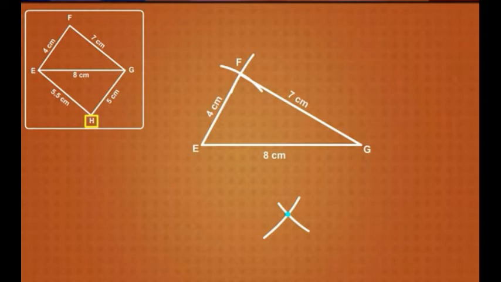This point H is on the opposite side of point F with reference to the line EG. So in this way we have constructed the quadrilateral EFGH.